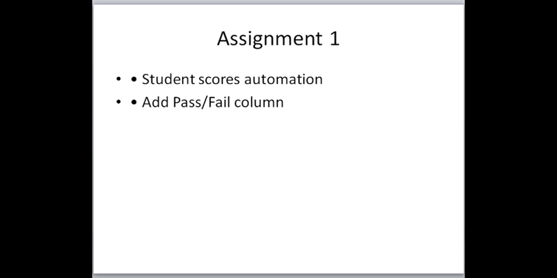Then you will create a bot that will add another column that will signify pass or fail, meaning that the bot is going to check the record and see any student that scored below 50, record the person as fail, above 50, record the person as pass.